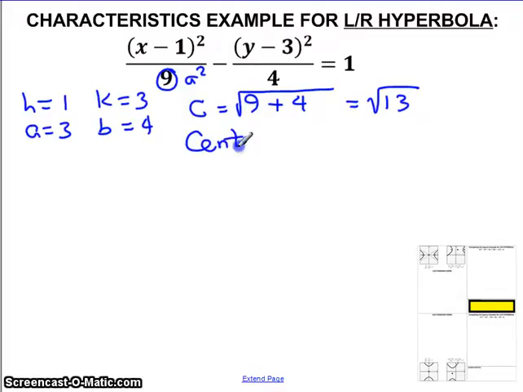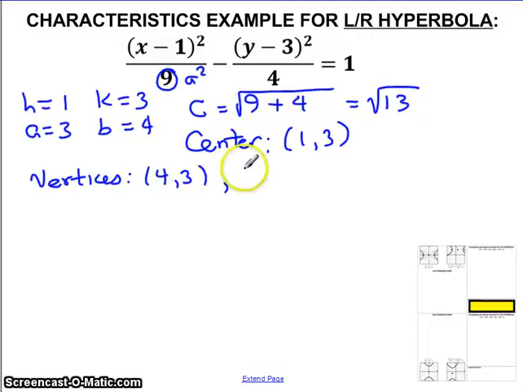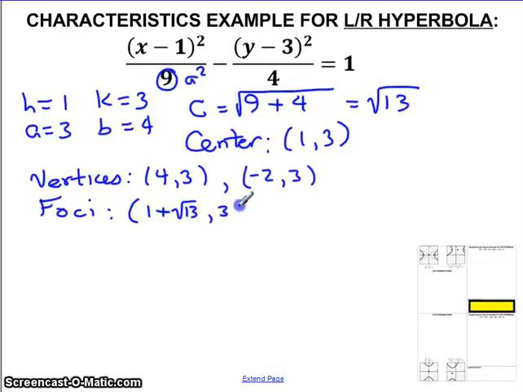Center point is going to be at h, k, 1 comma 3. And so we're going to have vertices that are going to end up at 4 comma 3 and at -2 comma 3, and the foci are going to end up at 1 plus square root of 13 comma 3 and 1 minus square root of 13 comma 3.